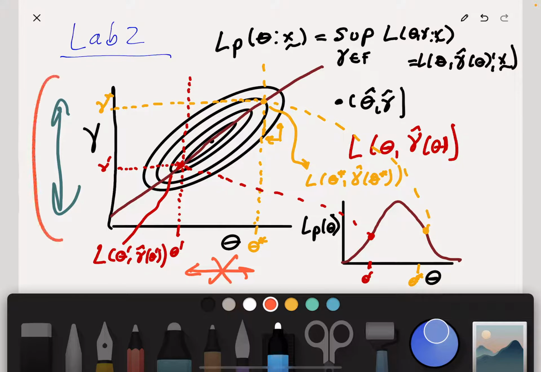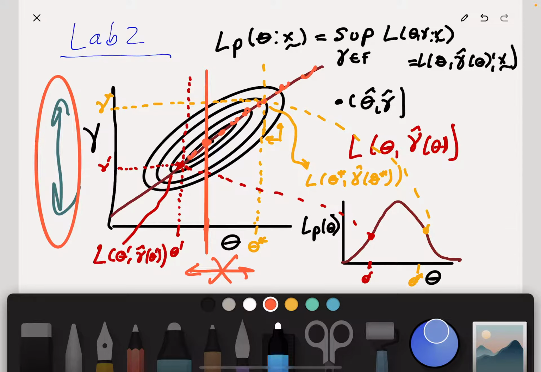You're really doing it this way, up and down. For every theta, you're finding the best gamma. In this case, it's right here. Then you're taking all those points that are best, so there are all these points along the ridge, and those make up your profile likelihood.